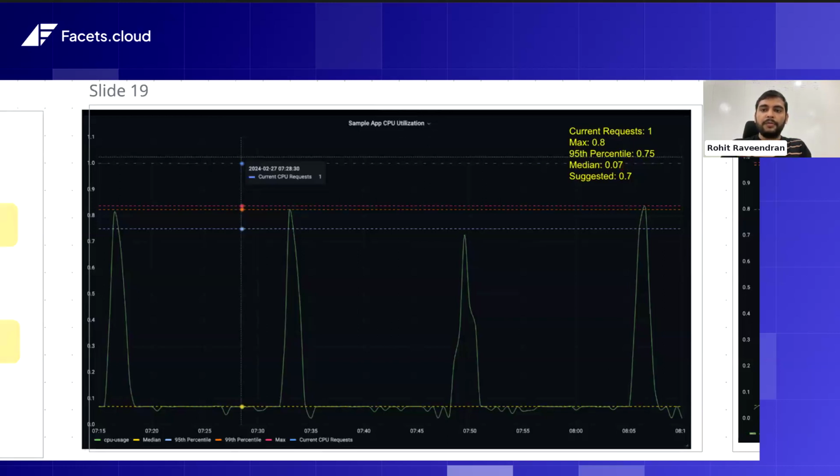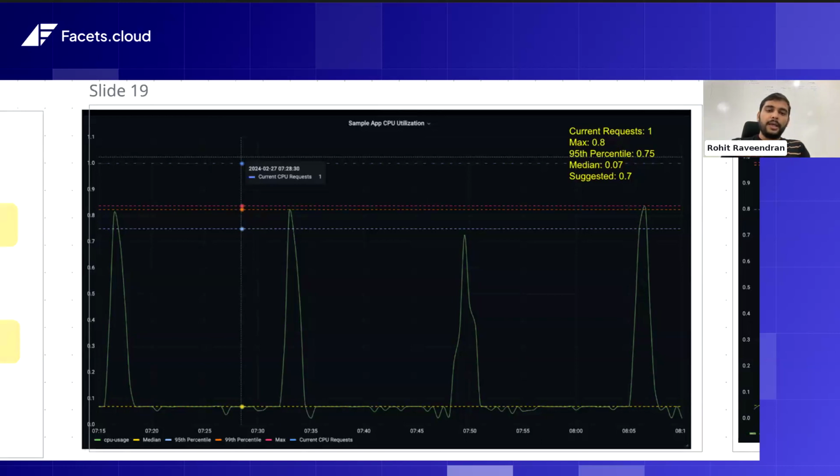The 95th percentile is also high, which is 0.7 out of the one value. These are translating directly to percentages. Now, do I have an opportunity to optimize anything here? As you can see, in this particular pattern there are repeated spikes or bursts in utilization, which are not being evened out by an HPA. That is the situation.